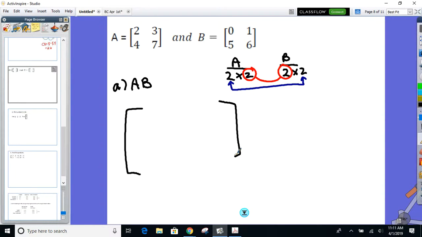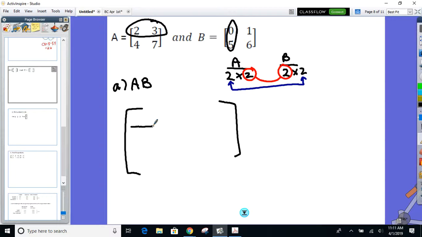So I'm going to have 2 rows, 2 columns. You go row times column. Does everyone see right there? I circled row 1 and column 1. That single number is going to go right there in row 1, column 1. Now, how do you get a single number from all of those? This might be the complicated part.